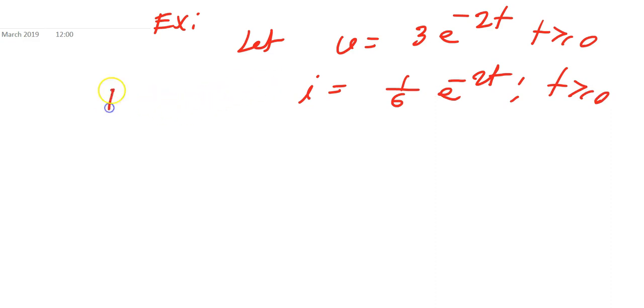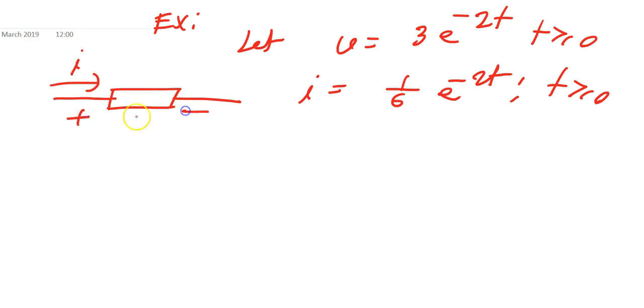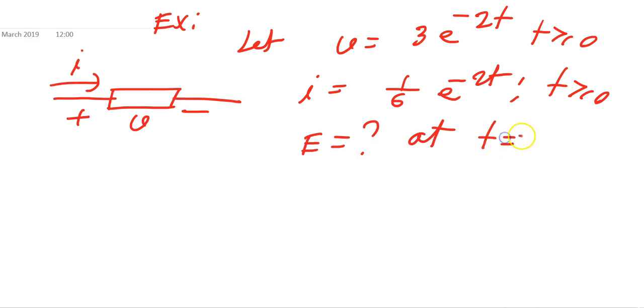I mean to say, this is any element, current flowing through this, and this is your voltage v. So the question is, what is the energy dissipated at t equal to 250 millisecond? So you need to find the energy at t equal to 250 millisecond.